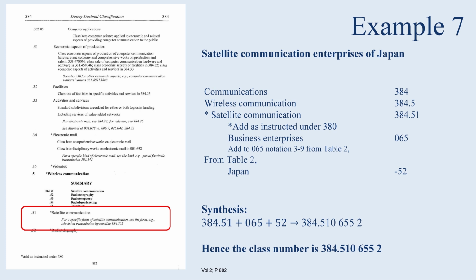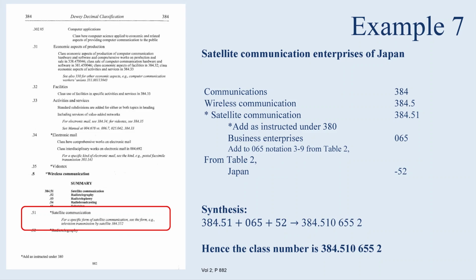So we have found the number for satellite communication enterprises, that is 384.51065. Under business enterprise, there is an instruction which tells us to add to 065 notation 329 from table 2.